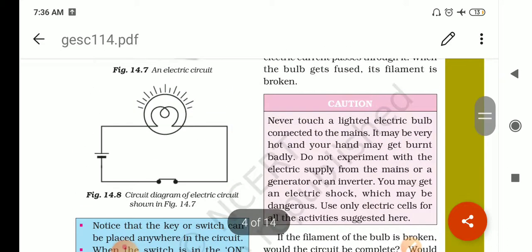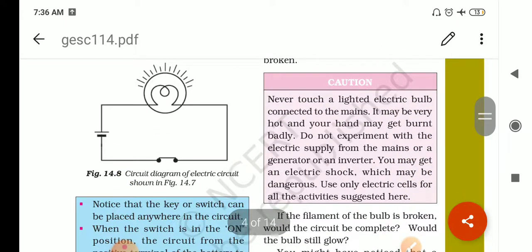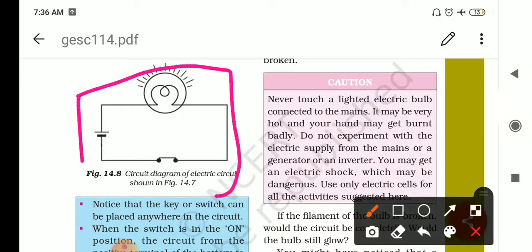No. Now see here. Now suppose this circuit, you can see this is a closed circuit. Everything is okay, the bulb is glowing. Now if this filament in the bulb is broken, if it breaks here, then what will happen? Then obviously this circuit has become an interrupted type of circuit, because it has broken here. Now this is an open circuit, not a closed circuit.